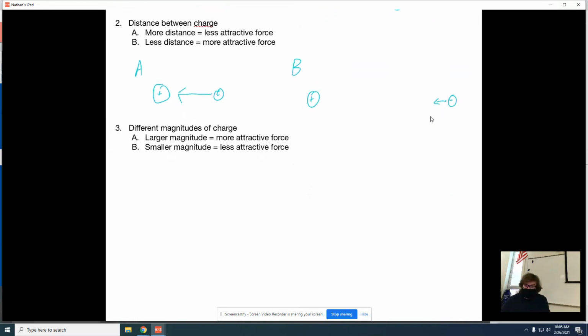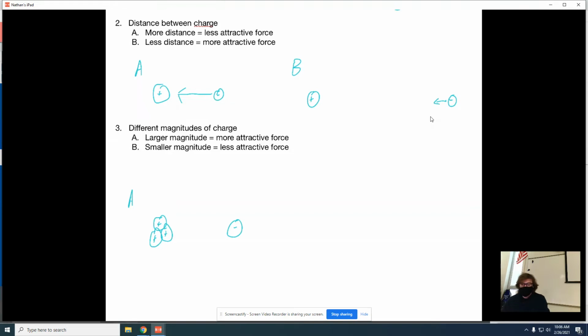Our third idea is a different magnitude or a different size of charge. So in A, I'm going to draw a larger magnitude. So instead of just one positive charge, let's say that there's three positive charges working on one negative. That's essentially three pulls on that electron. So I like to think about it kind of like tug of war.